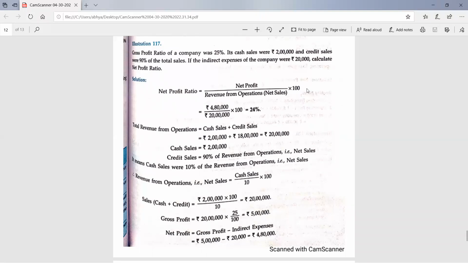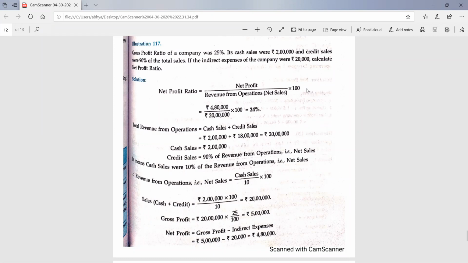Credit sales are again not assumed as X in the book, so you can find it in the manner in which the book has solved the question, or you can assume X, but it is better to follow the same formula again and again. If in every example the formula changes, it will be very difficult for you. So whenever you have to find the total sale, use the X formula.